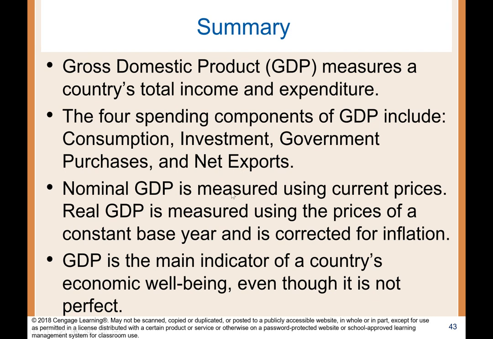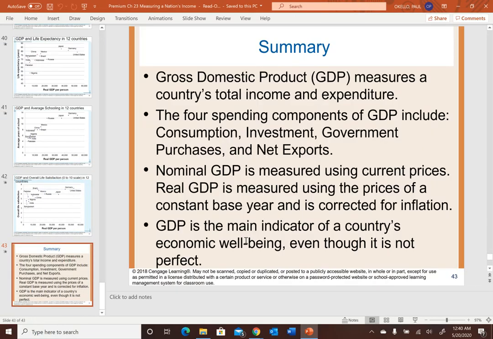Nominal GDP is measured using current prices. Real GDP is measured using the prices of a constant base year and is corrected for inflation. GDP is the main indicator of a country's economic well-being, even though it is not a perfect measure. And that is chapter 23, or chapter 10 in your split edition.